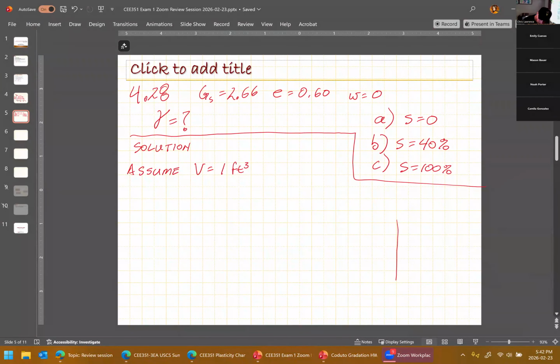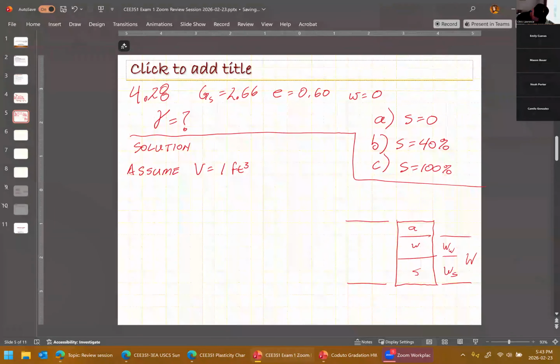First thing you do is draw a phase diagram. If I have solids, water, and air, and I've got my weight of solids, weight of water, and total weight. On the other side, I've got my volume of solids and volume of voids.